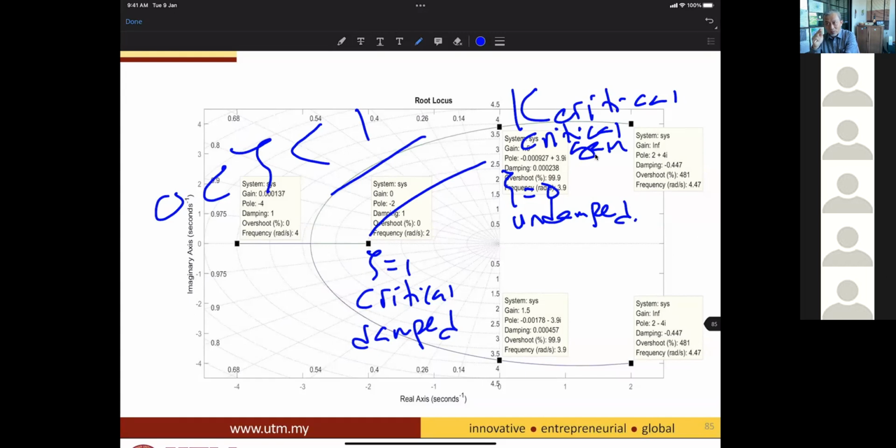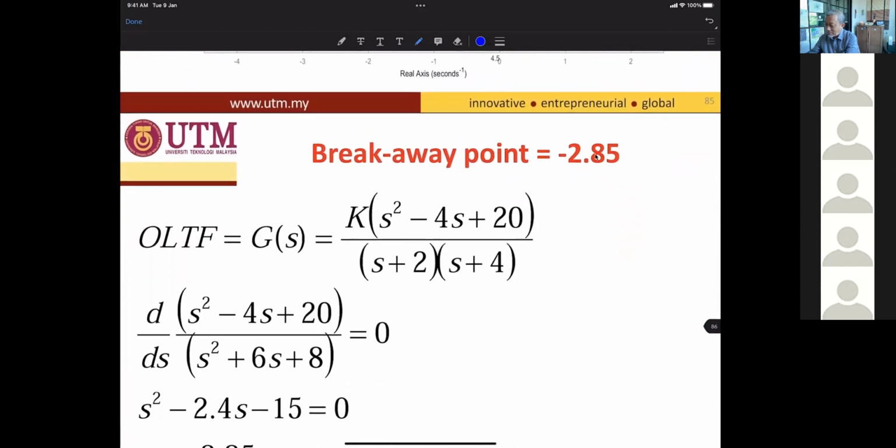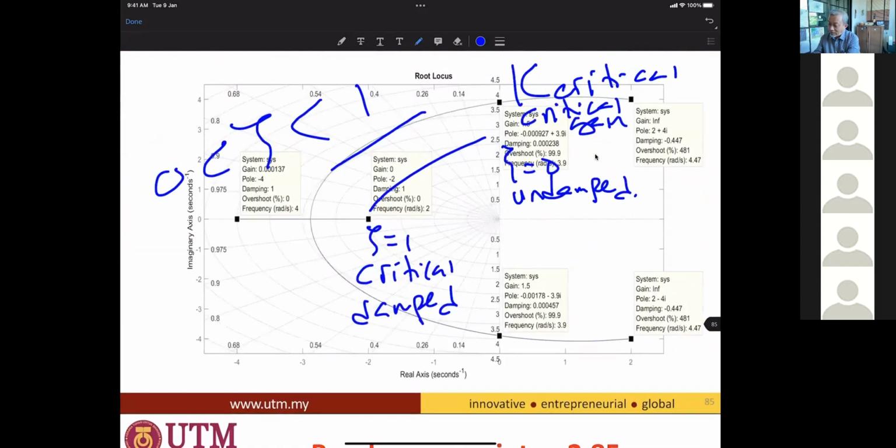The problem with the previous students, they assume critical damping and critical gain are the same. So that's the problem. Always like that. So make sure in sections 5 and 6 you can differentiate between critical gain and critical damp. And finally, the breakaway point is over here.